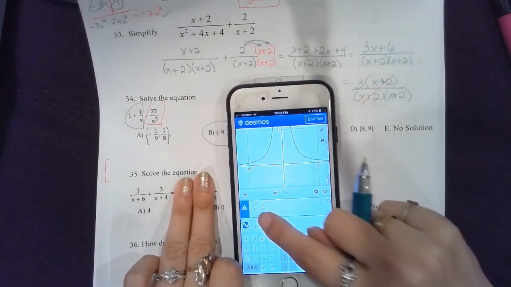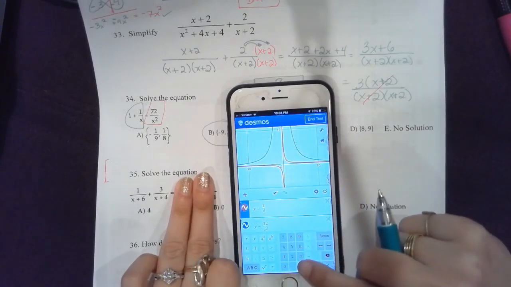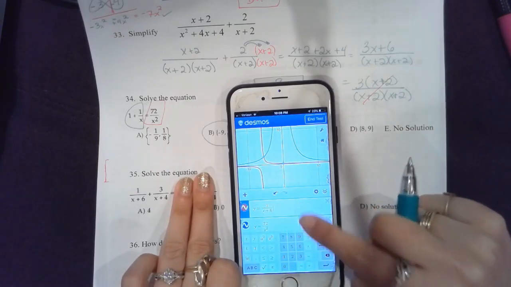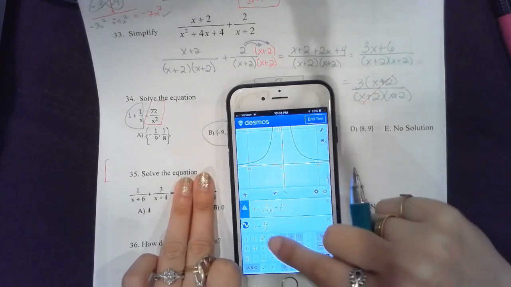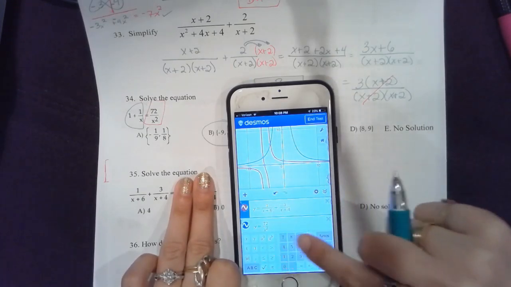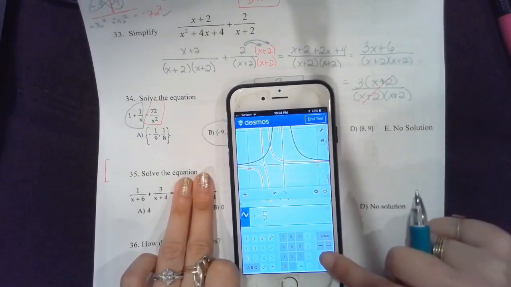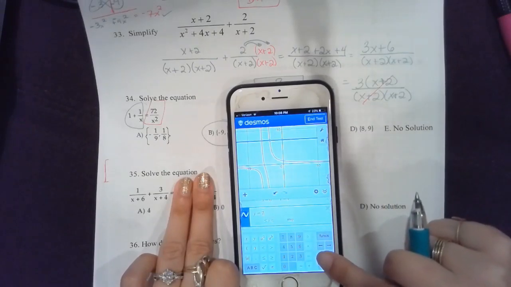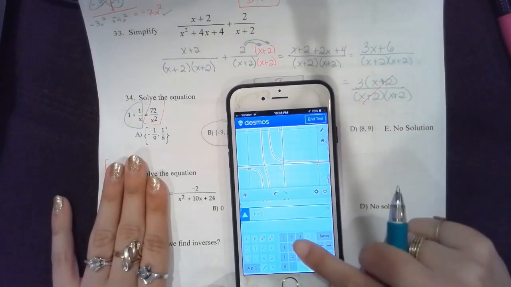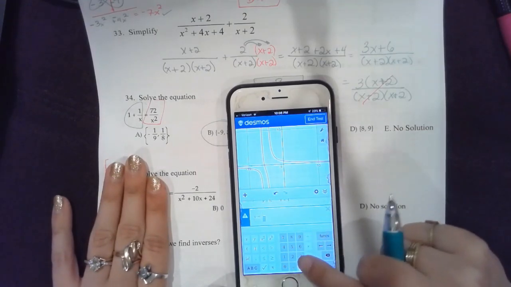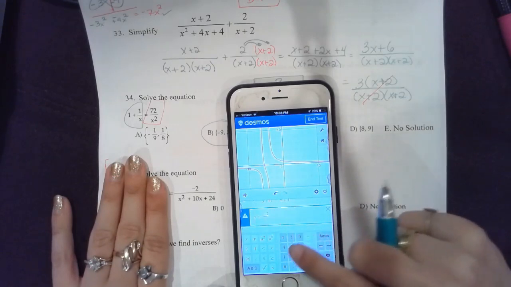Out here we have plus another fraction, that's 3 over x plus 4. And then on our second line, or in y2, we put everything on the right side of our equal sign. So I'm going to put -2 over x squared plus 10x plus 24.